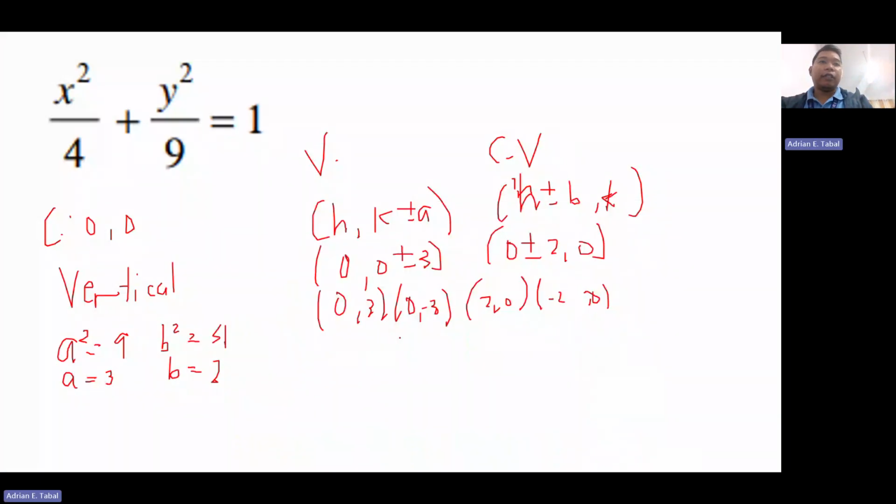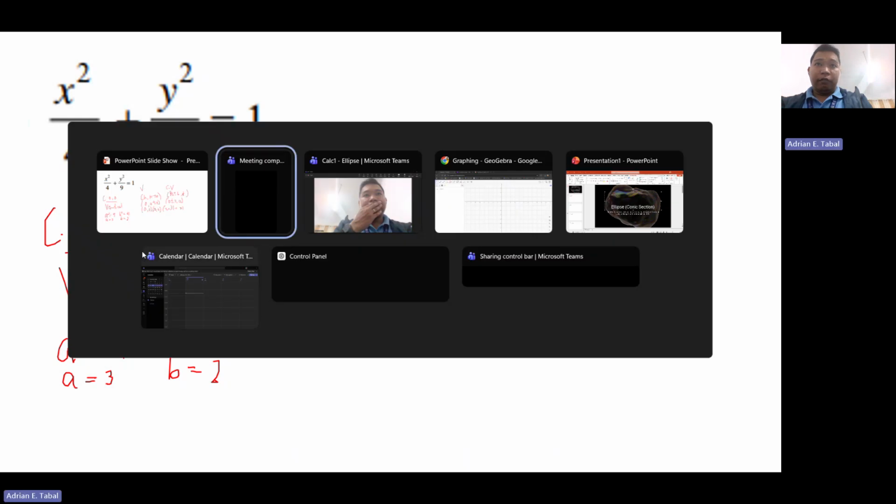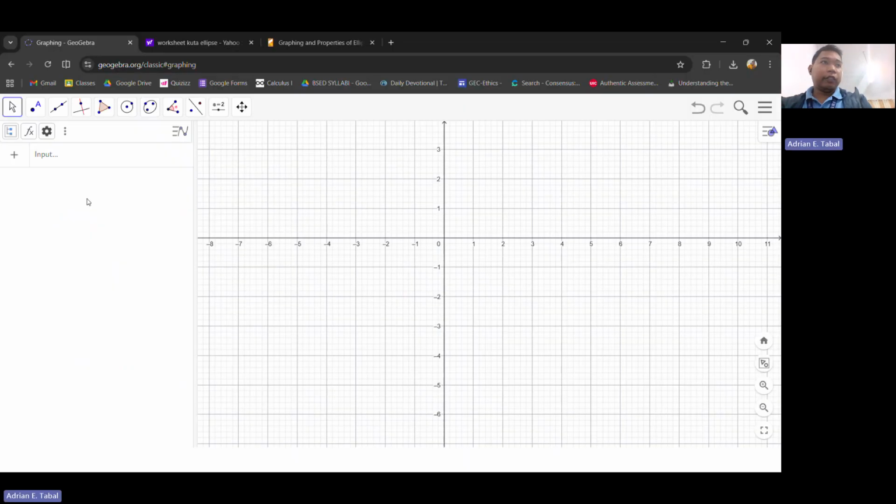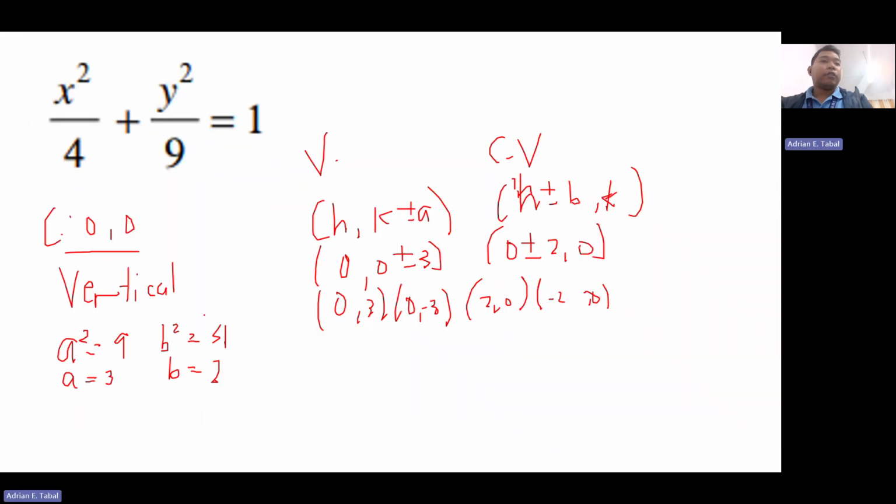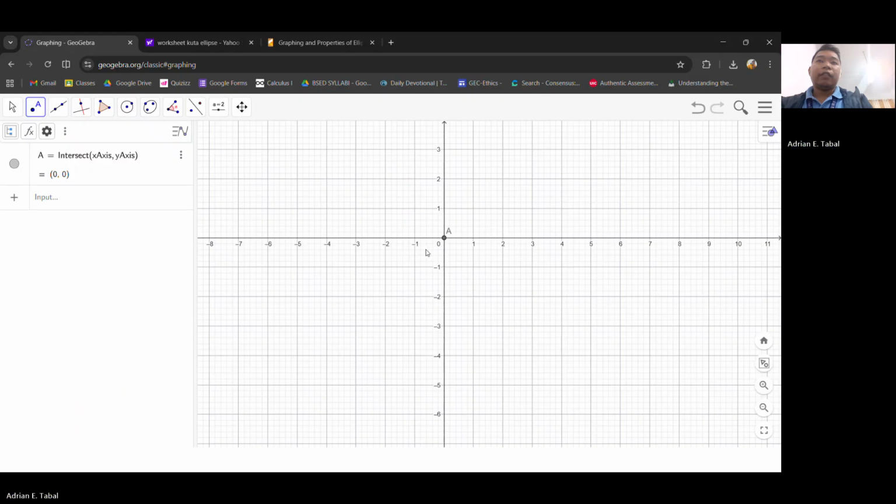So we have these points. The center is 0, 0. Let's add point. Point A is 0, 0. We also have another point 0, 3 and 0, negative 3.